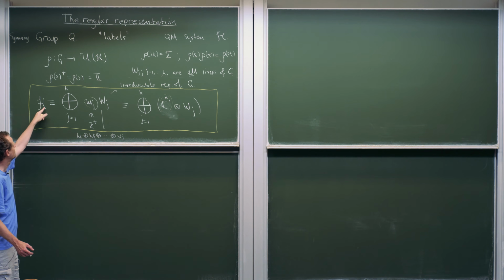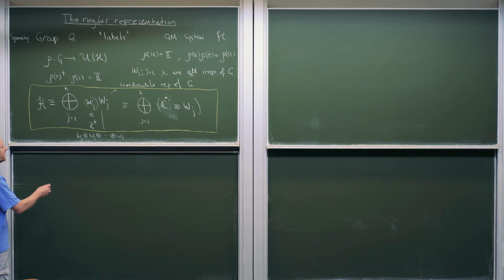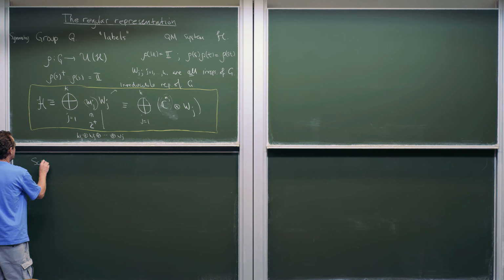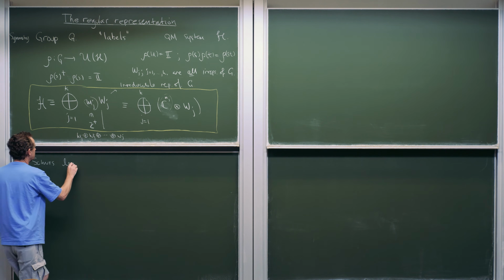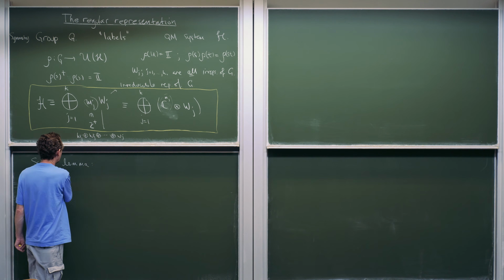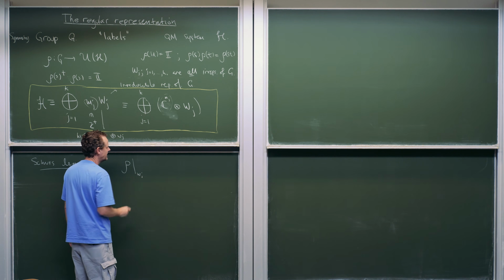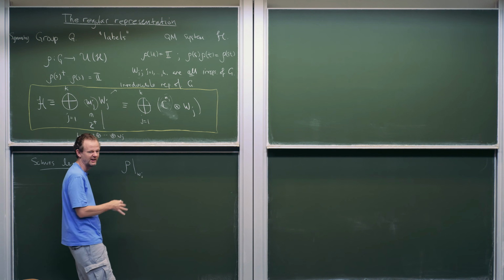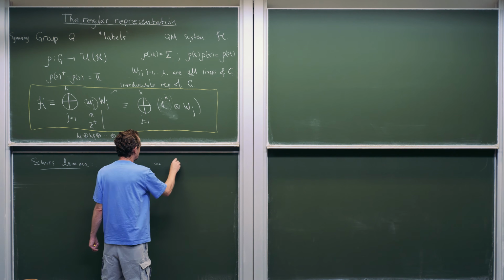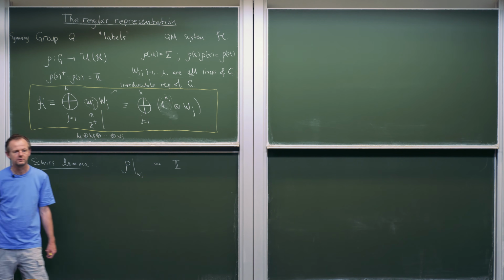Okay, now, we're going to learn something interesting already. Because of Schur's lemma, we know that rho, when it acts on one of these Wj's, one of these irreducible representations, acts like the identity. Rho is the identity.